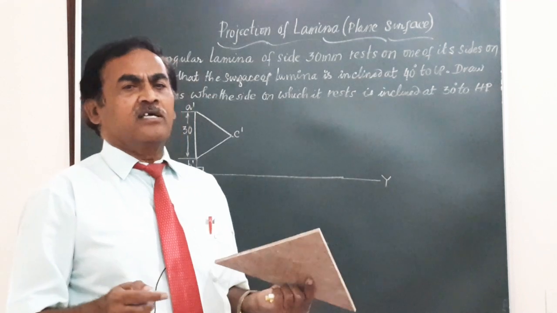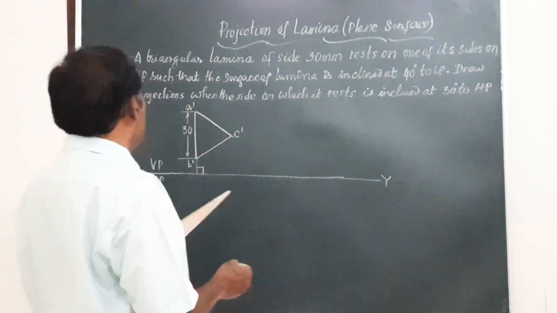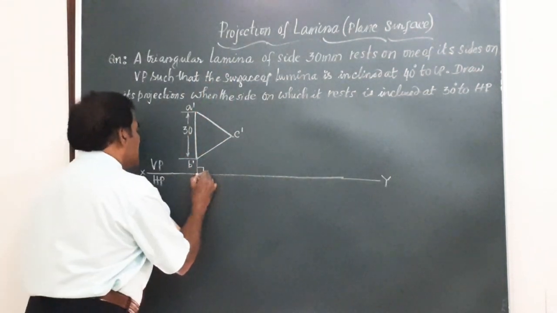Friends, whenever this lamina is on VP, the top view is going to fall on this XY line.